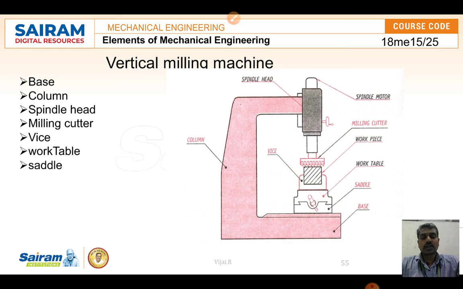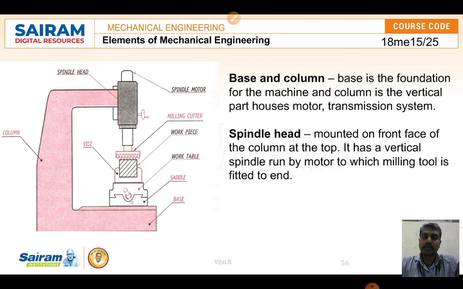When the motor rotates, the milling cutter is rotated in the vertical axis. The milling cutter rotates, and the workpiece held on the table can be moved, and the machine is used for the removal of material.